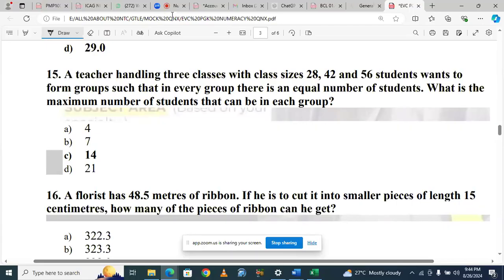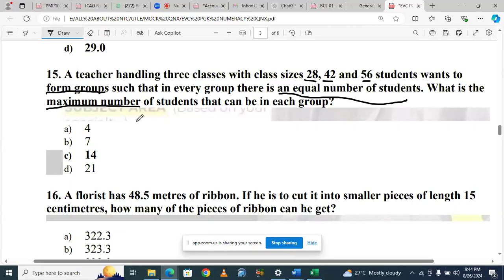A teacher handling 3 classes with class sizes 28, 42, and 56 students wants to form groups such that in every group, there is an equal number of students. What is the maximum number of students that can be in each group?